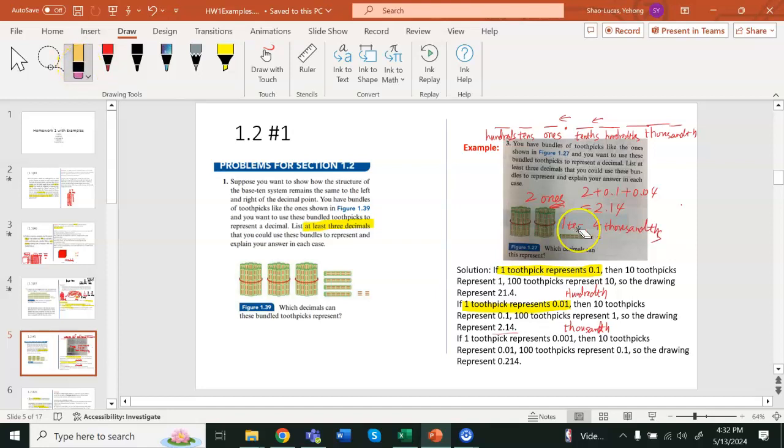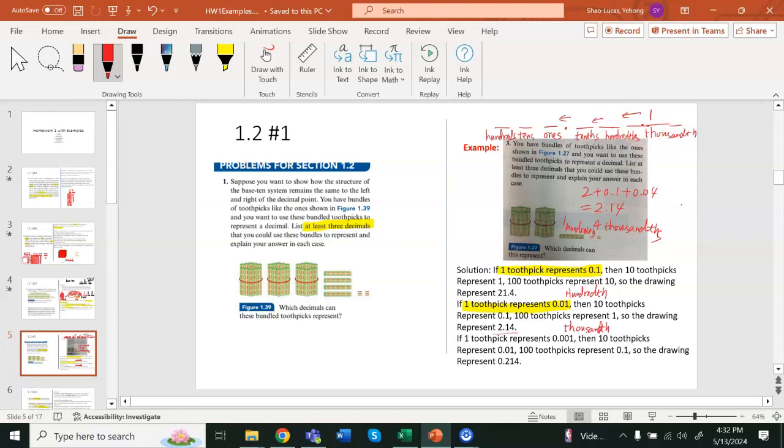When we have 10 of the 1/1000ths, because that's a bundle of 10, it's going to become a hundredth.